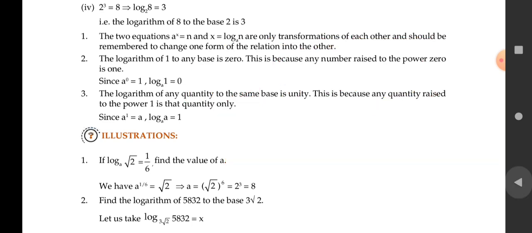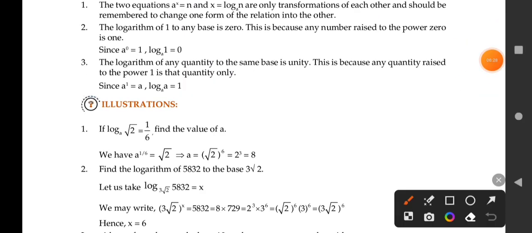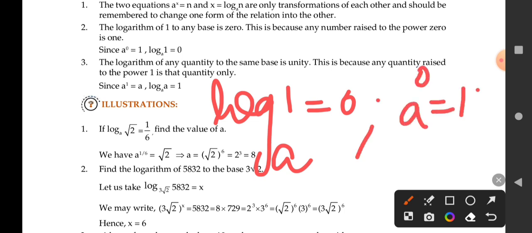Because they are only transformations of each other. Second point, the logarithm of 1 to any base is 0. Log 1 to any base is equals to 0. Let's transform this. It becomes a power 0 is equals to 1. What does this mean? Anything raised to 0 is equals to 1.